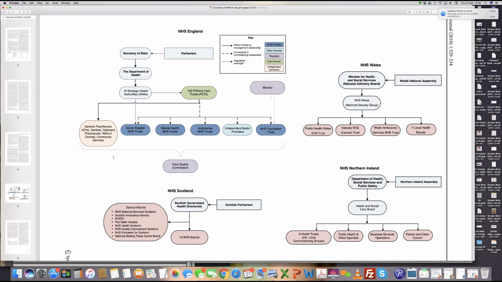And then there is another body I mentioned to you earlier, the CQC, the Care Quality Commission. This commission was put together in the early 2000s, and it now oversees, and has the authority to get rid of, any hospital or surgery if they find that the budgets are not being utilized properly, the services are not being provided, or the standards which they set are not being met.